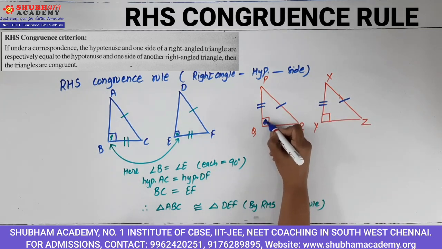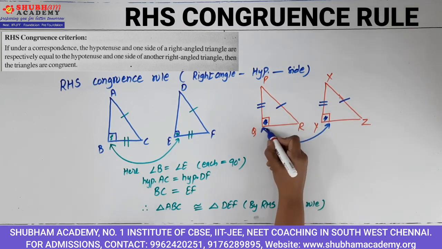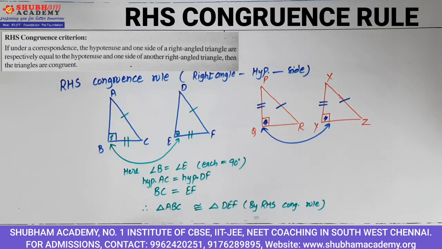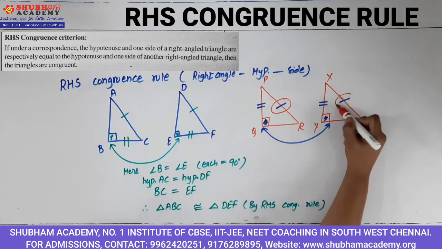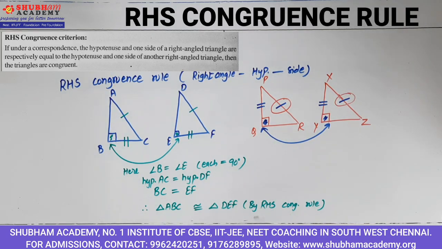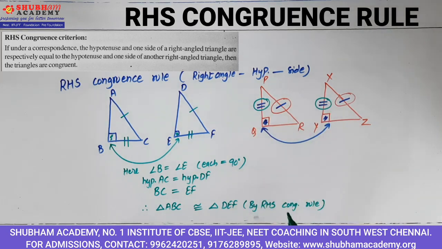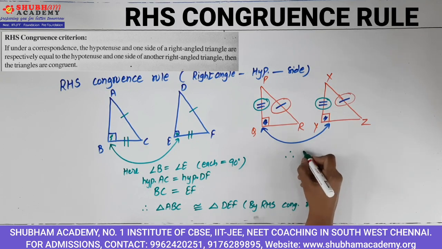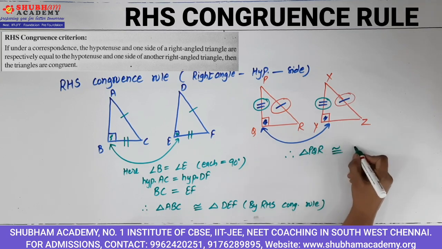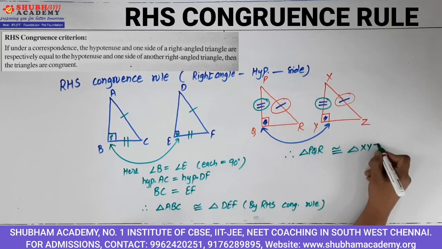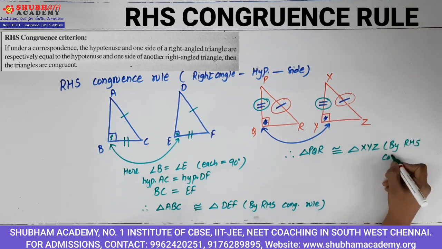So here again I can see that angle Q corresponds to angle Y, then hypotenuse PR is equal to hypotenuse XZ and side PQ is equal to side XY. So again I can write here that triangle PQR is congruent to triangle XYZ under RHS congruence rule.